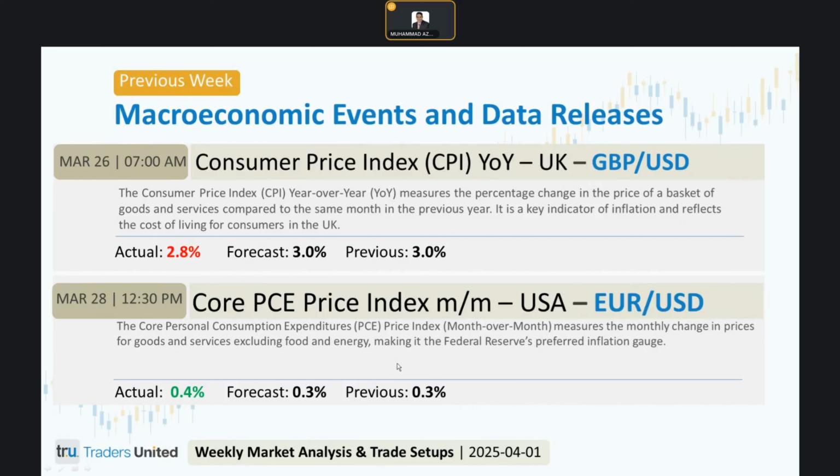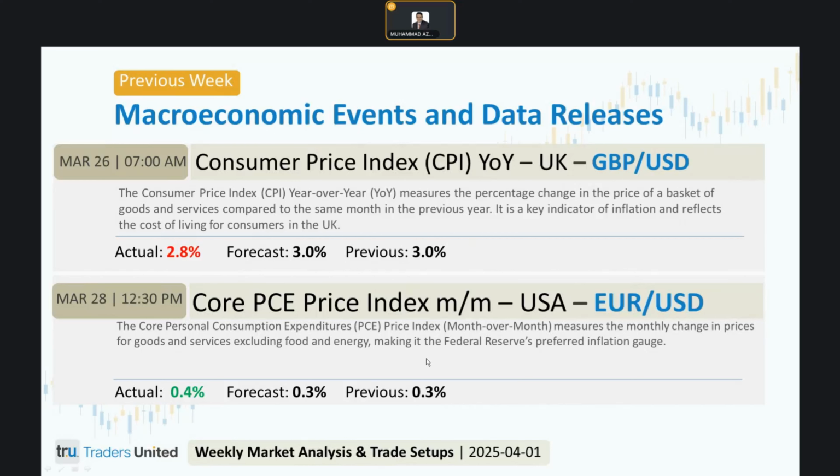The Federal Reserve, the Fed, closely monitors core PCE data to assess inflationary pressures and guide monetary policy decisions. Higher than expected inflation could lead the Fed to maintain or increase interest rates, strengthening the US dollar.